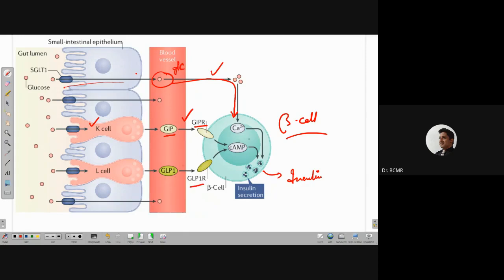The beta cell is typically responding to glucose that is coming from the intestine, not because it is broken down from stored glycogen in the liver or anywhere else. That is not so required. Say, for example, the target cells of beta cell or insulin are largely liver cells and skeletal muscle cells.